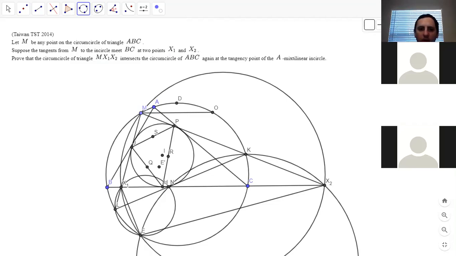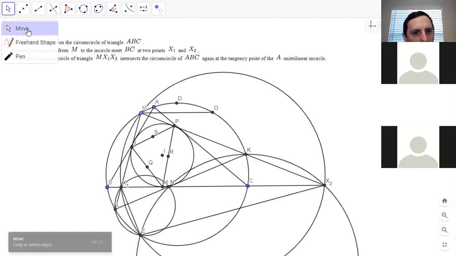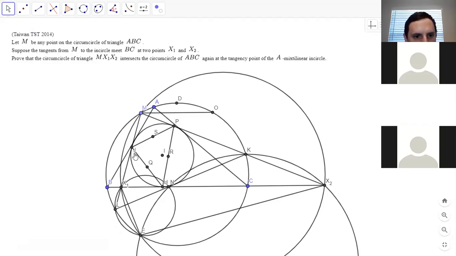Can you name the other tangency points too, with AB and AC? Okay, yeah. Just a second. Let's see.